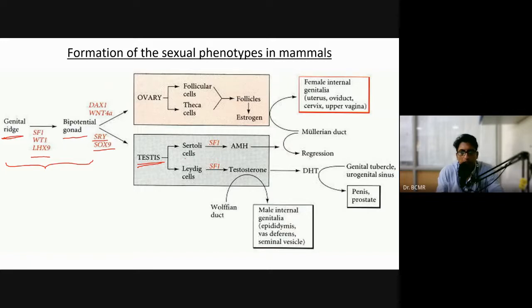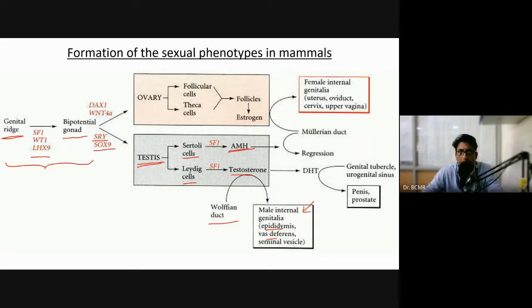They will have Sertoli cells and Leydig cells, which will eventually produce anti-Mullerian hormone and testosterone. The testosterone will allow the Wolffian duct to grow into the male internal genitalia, like the epididymis, vas deferens, and so on.